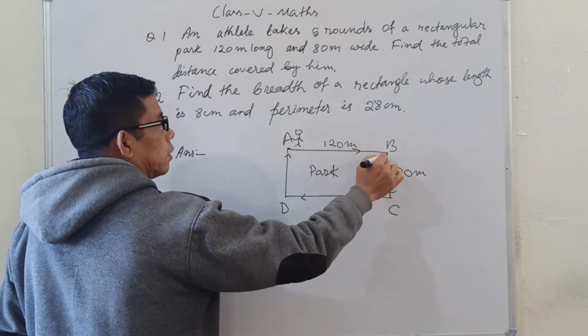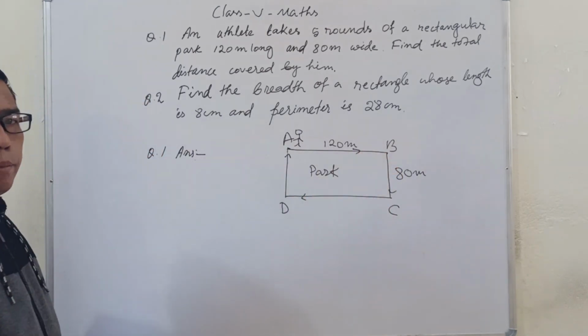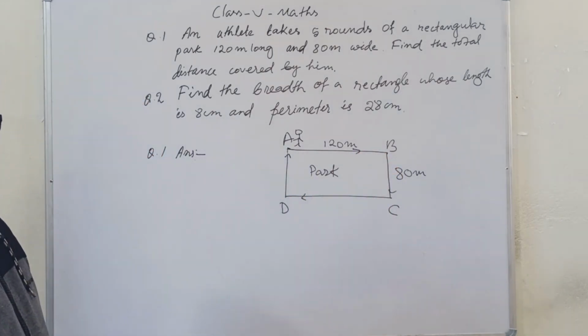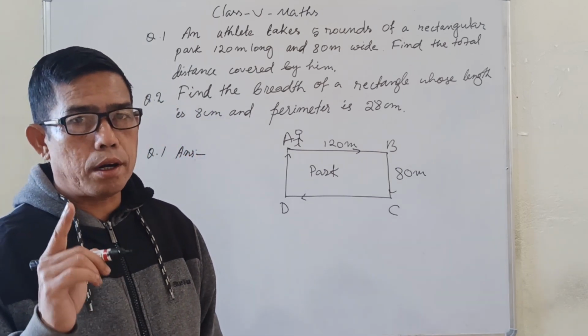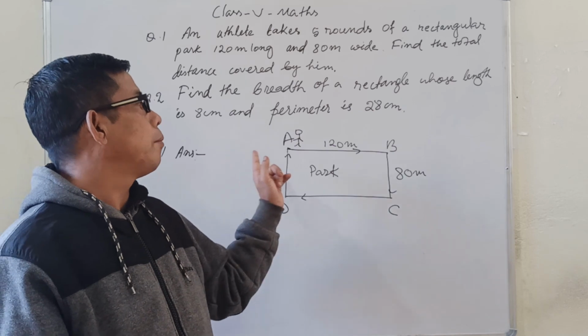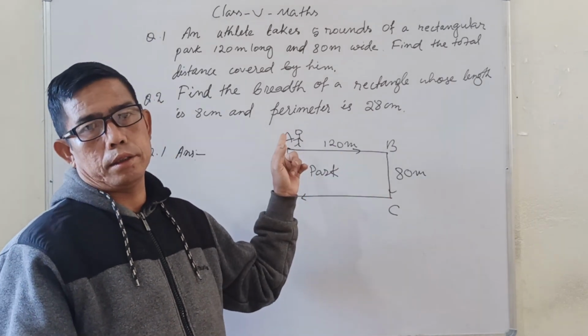So this is what we call the perimeter of the rectangle. So the distance covered by the athlete in one round is nothing but the perimeter of the rectangle.